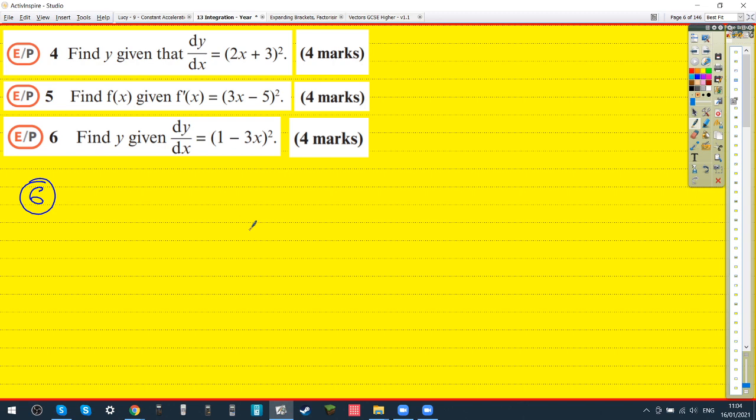No, 9x squared. Correct. So would it be 9x squared minus 6x plus 1, and then we integrate from there? Yep.